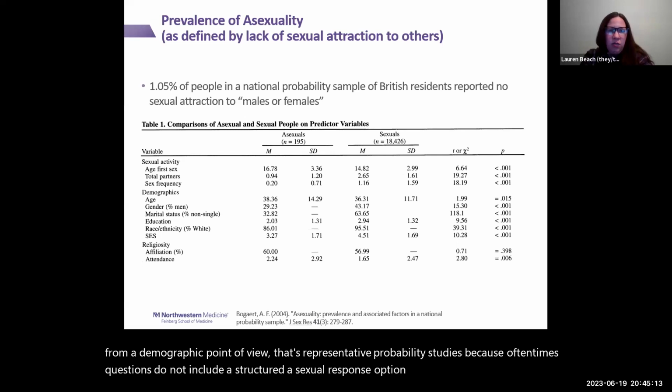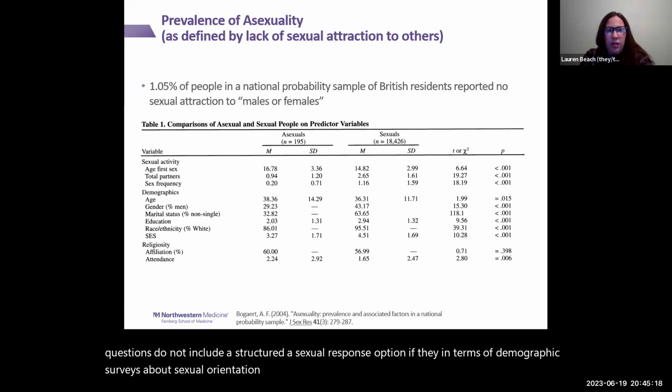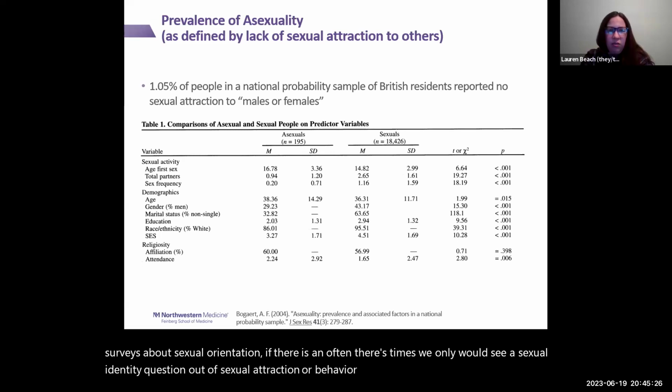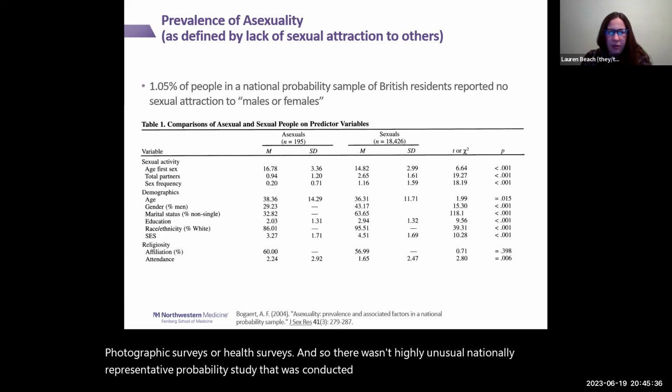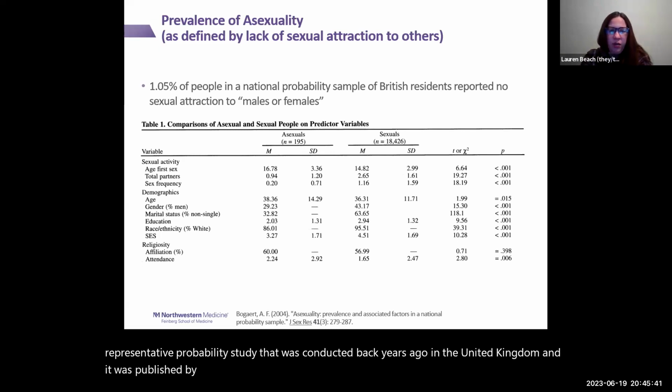In many demographic surveys or health surveys about sexual orientation, we often only see a sexual identity question, not a sexual attraction or behavior question. And so there was a highly unusual nationally representative probability study conducted years ago in the United Kingdom, and it was published by Bogart in 2004.